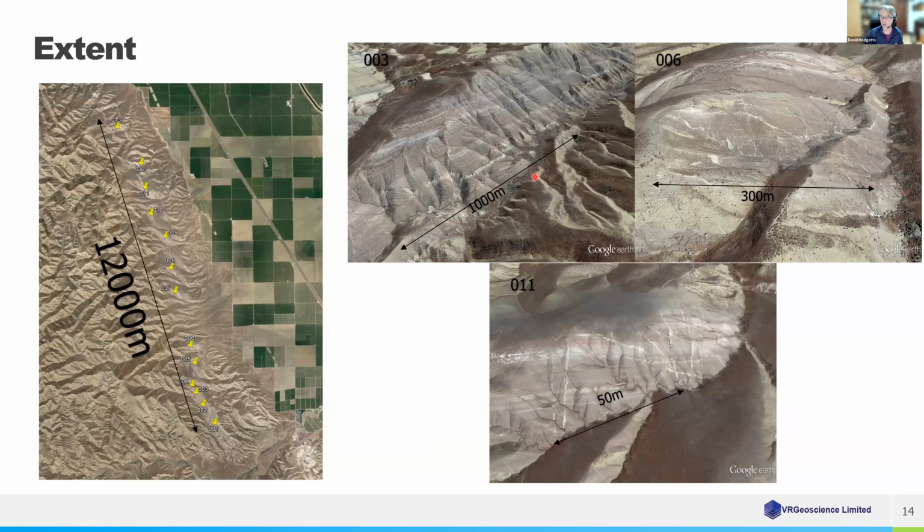Again, these are probably WorldView images. There you can pick up the bedding quite nicely, and particularly in this one here. But cross-cutting the bedding, you've got a lot of these features, and these are all sandstone intrusions that have been remobilized from the sediment below.